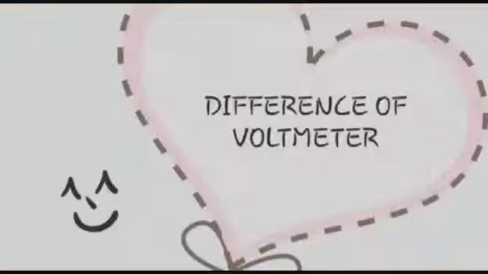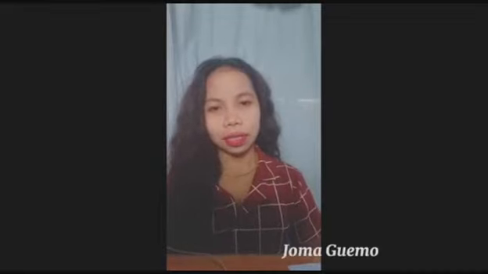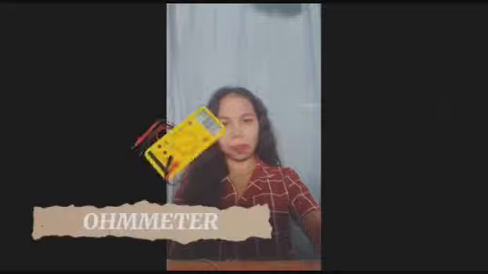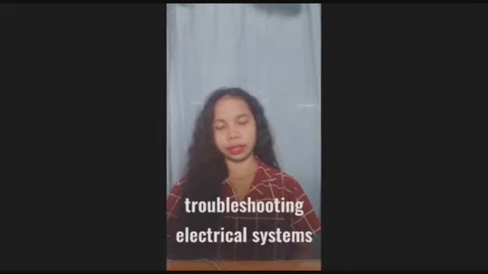Good afternoon everyone, my name is Jamo Grama and I will be discussing the difference of voltmeter among other multimeters used in measuring electrical systems. Okay, we have voltmeter, ammeter, and ohmmeter that are all types of multimeter essential for troubleshooting electrical systems.